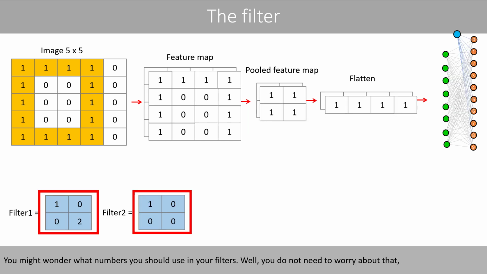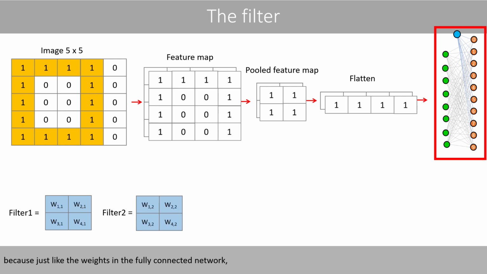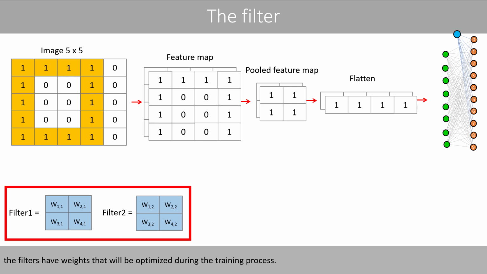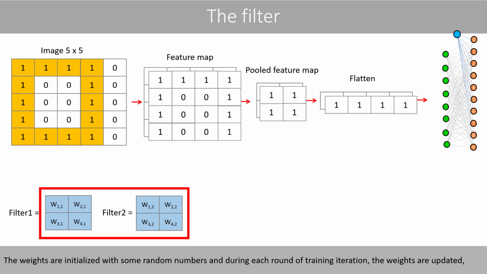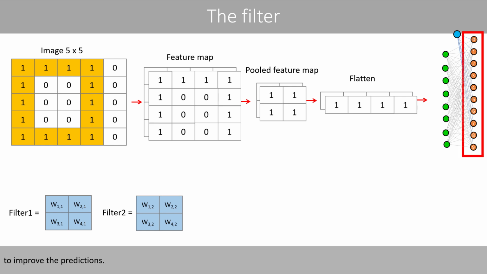You might wonder what numbers you should use in your filters. Well, you don't need to worry about that, because just like the weights in the fully connected network, the filters have weights that will be optimized during the training process. The weights are initialized with some random numbers, and during each round of training iteration, the weights are updated to improve the predictions.